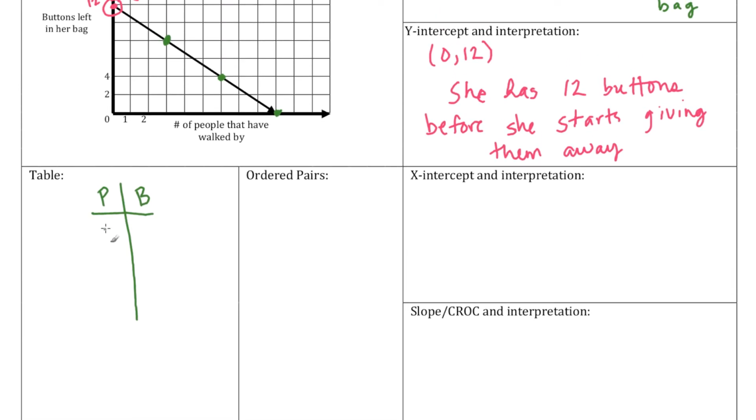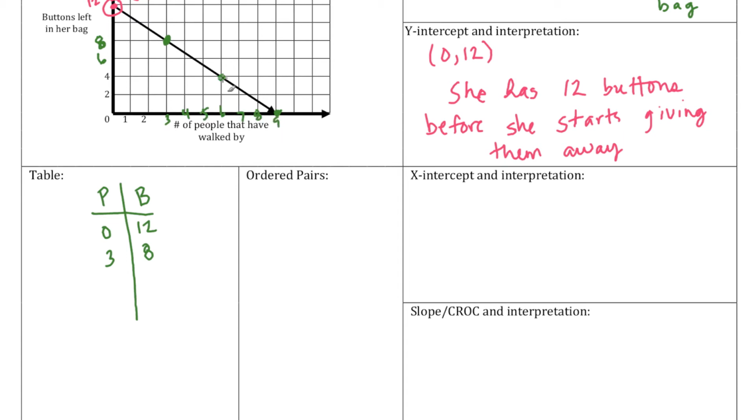We started off with 12, so 0, 12. And then 1, 2, 3. I might as well label these. So 3, 8. 3, 4, 5, 6, 7, 8, 9.